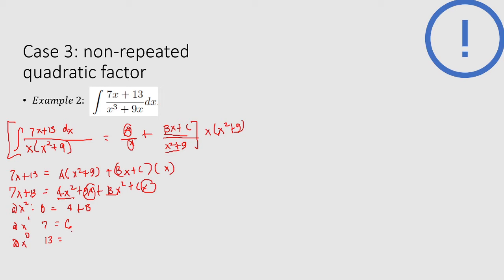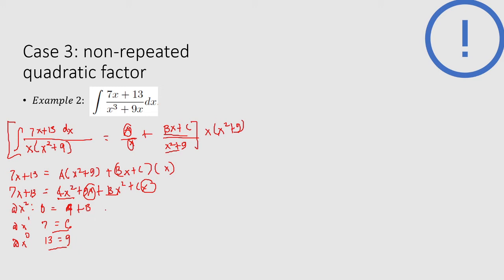Okay, so that's 13 is equal to 9A. Check po natin, baka magkamali ako. Ax squared plus 9A plus Bx squared plus Cx. So you have the value of B and C. Therefore, it's very easy, right? Okay, so you can get values A, B, and C already here.